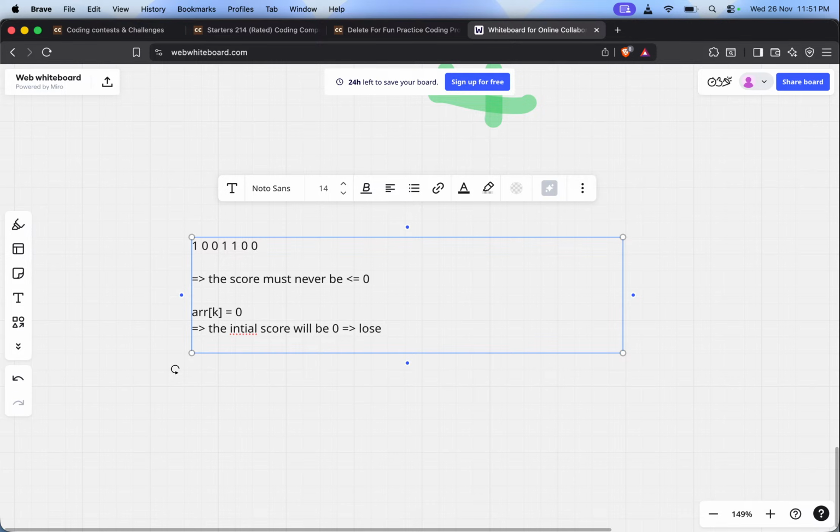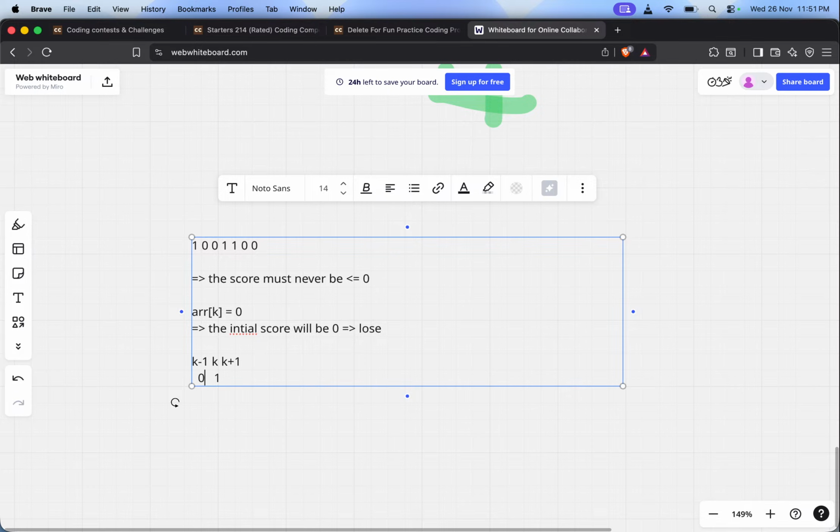What if we consider k minus 1 here, k here, and k plus 1 here? For a possible winning scenario, k should be 1, and that is required.